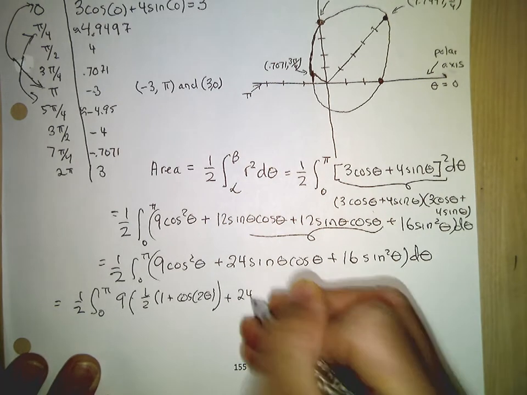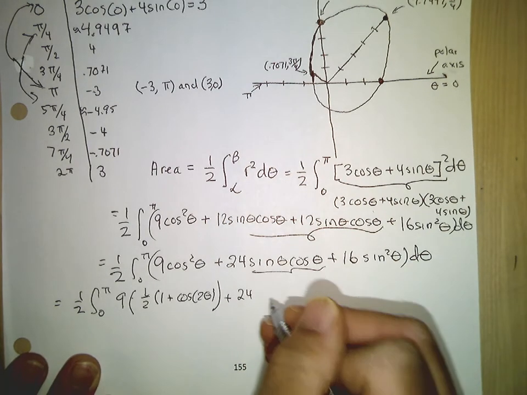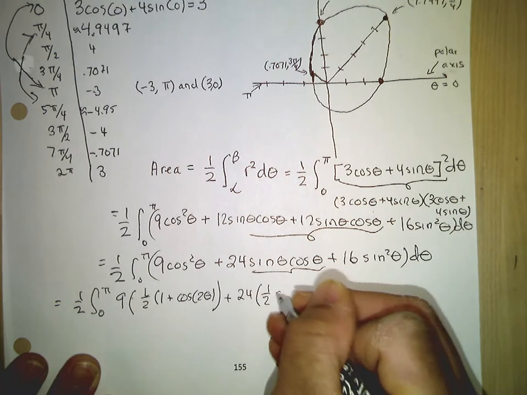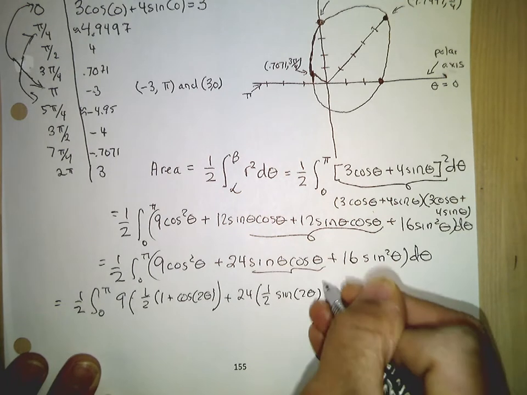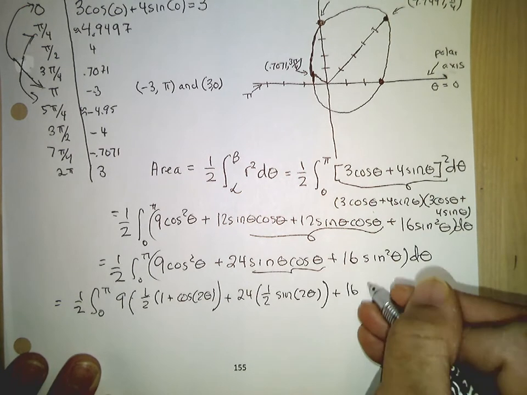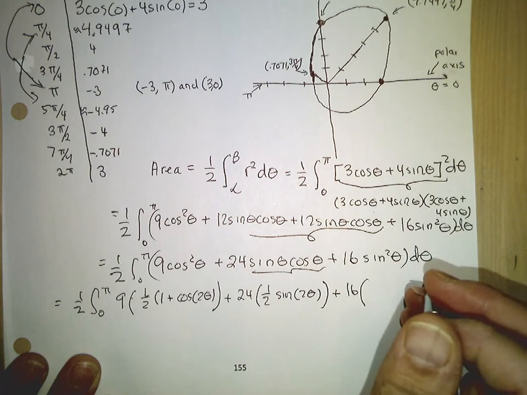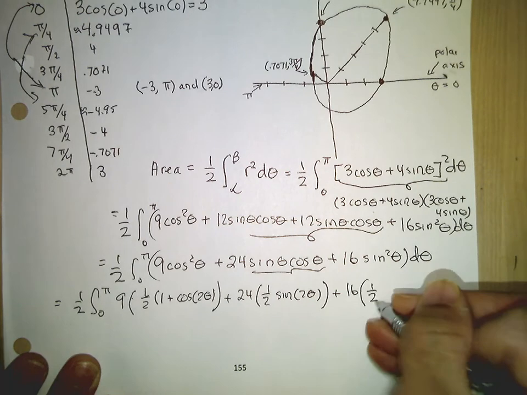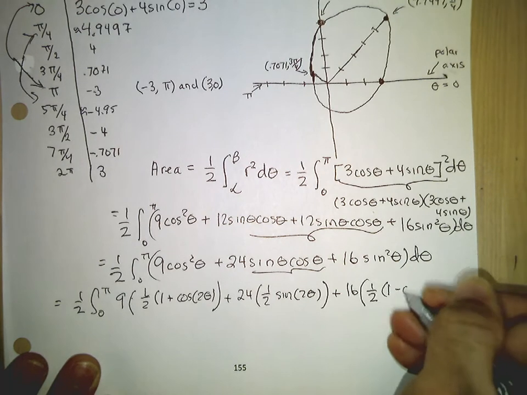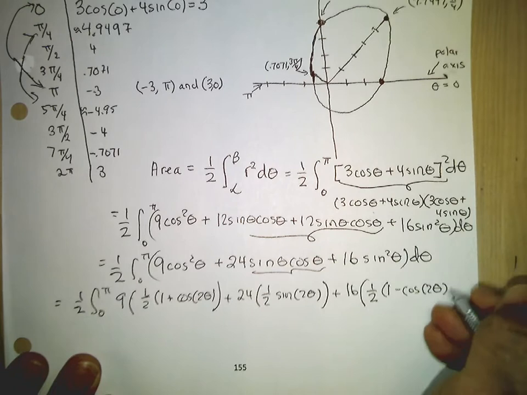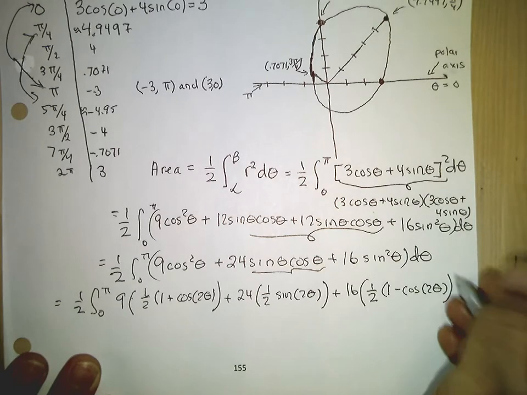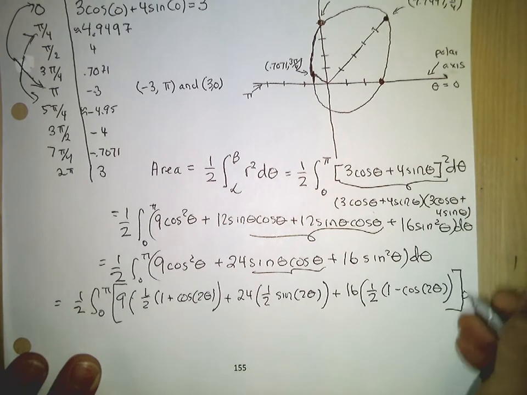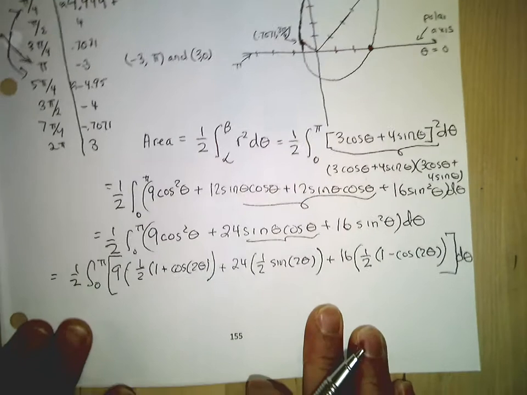Then I'll write sine theta cosine theta as 1/2 sine of 2 theta, and I'll rewrite the sine squared theta as 1/2 times 1 minus cosine of 2 theta. So we have that d theta. What a time to be alive, right?